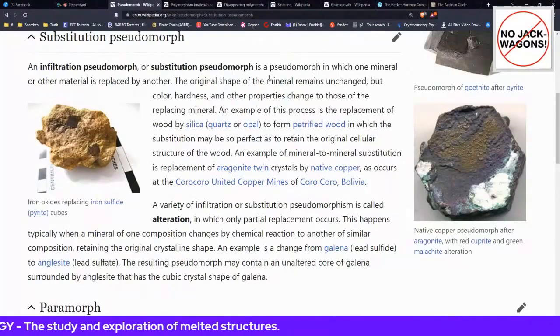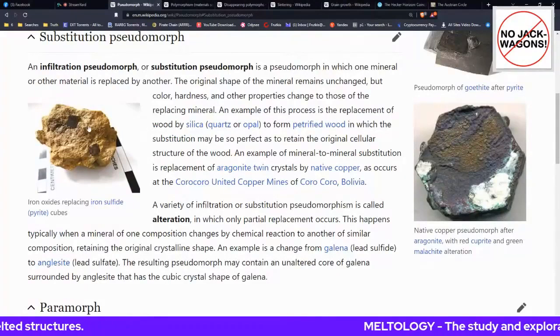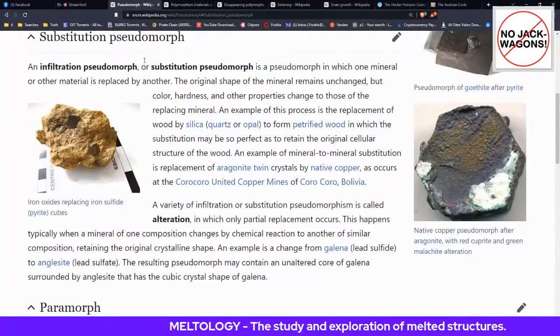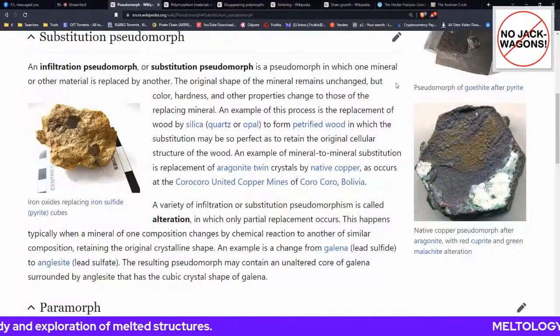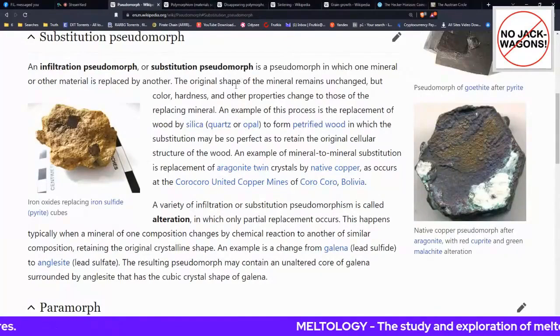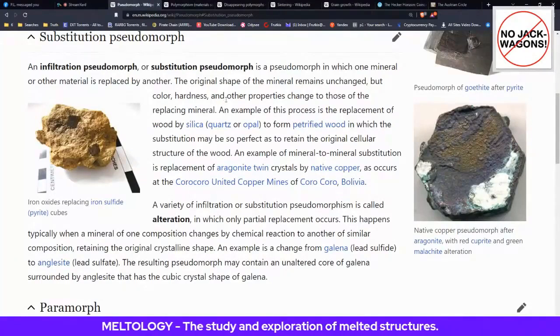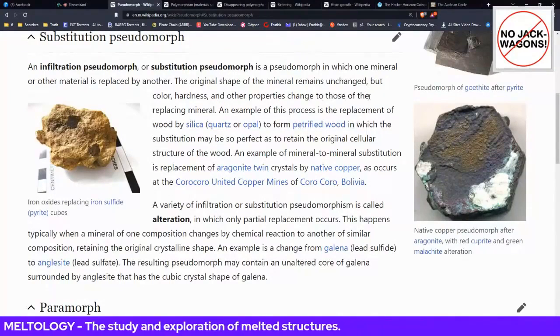So in this substitution or infiltration, because it can be a part or the total, one mineral or another material is replaced by another, and we see that a lot in what we showed you, from bricks to rocks and everything. You see the original shape of the mineral remains unchanged, but the color, hardness, and other properties change, replacing the mineral.